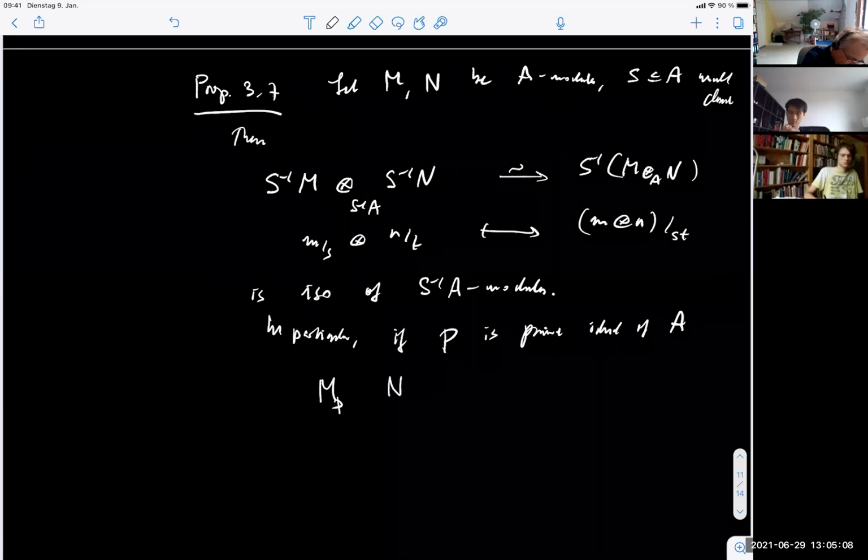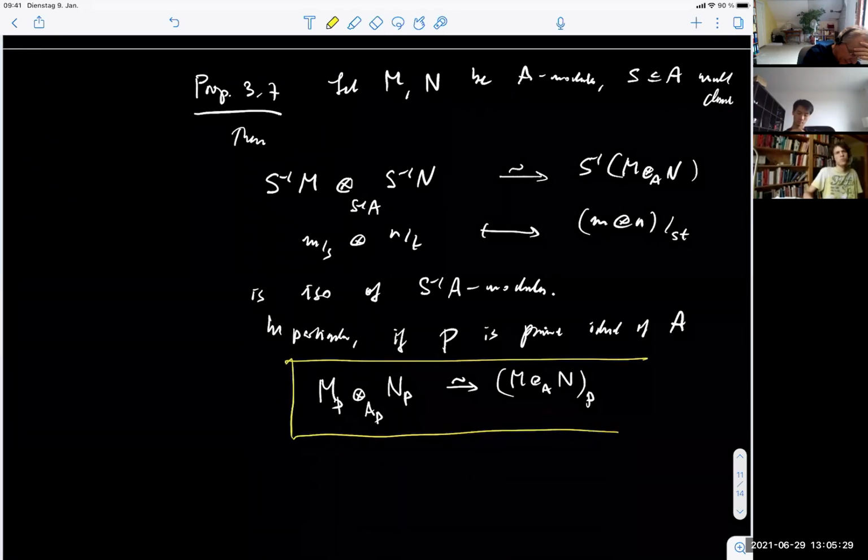And here I have NP. And then I take the tensor product over the localized ring AP. And I have an isomorphism. Or I could just take the tensor product over A and then localize. So maybe let's put this in a yellow frame. Okay.